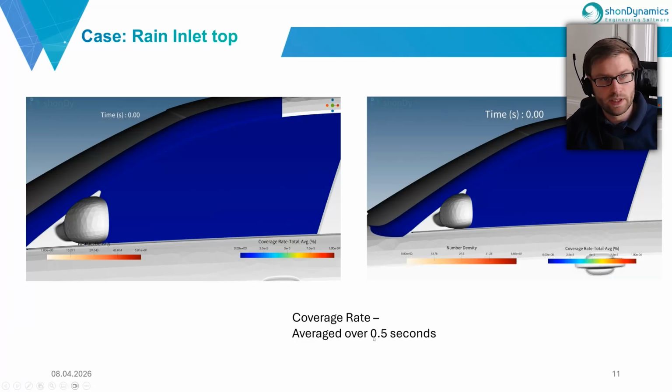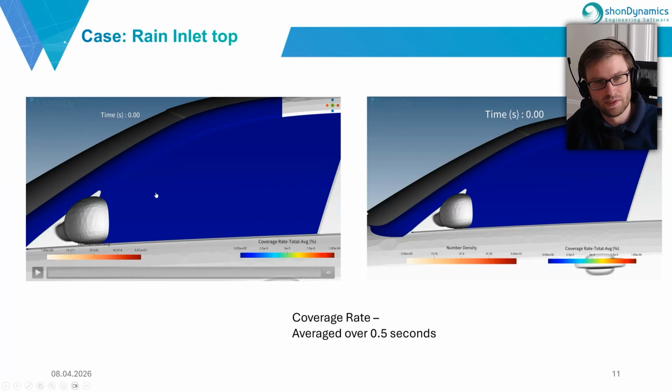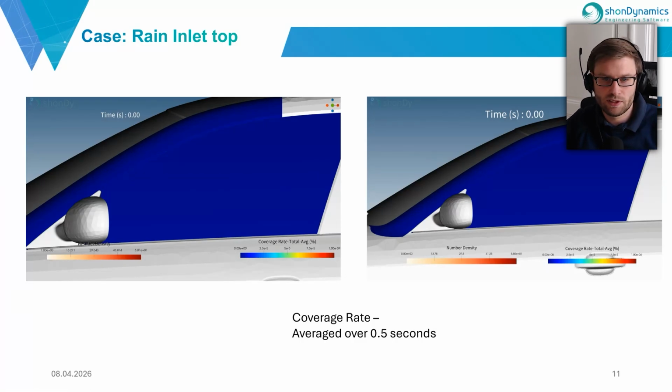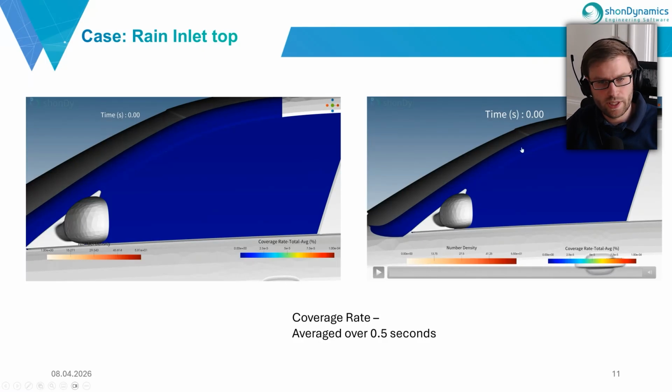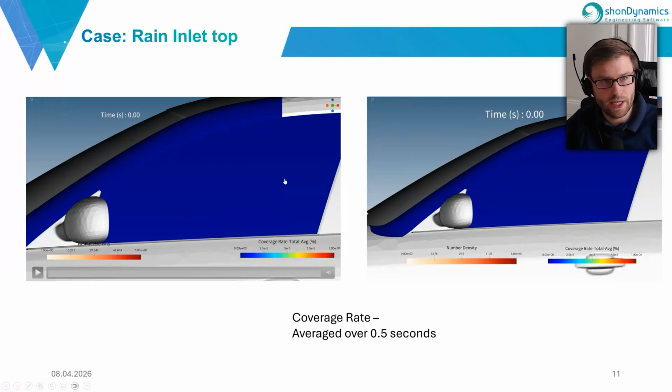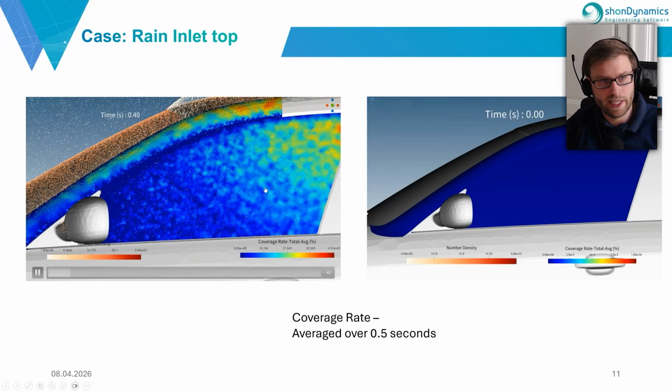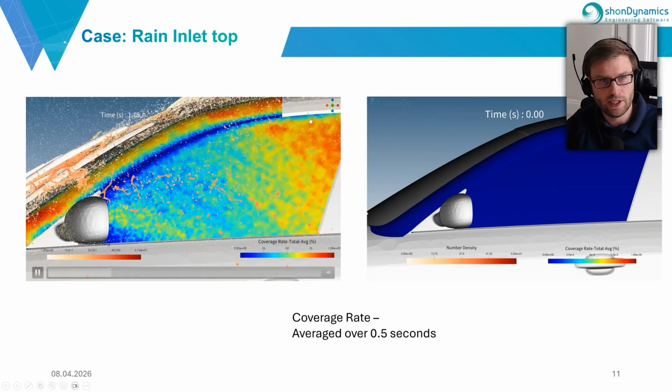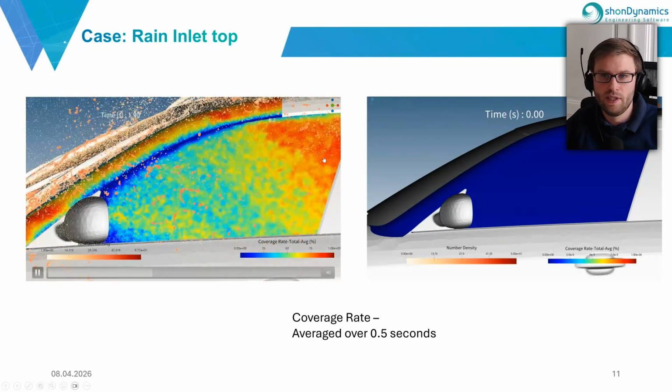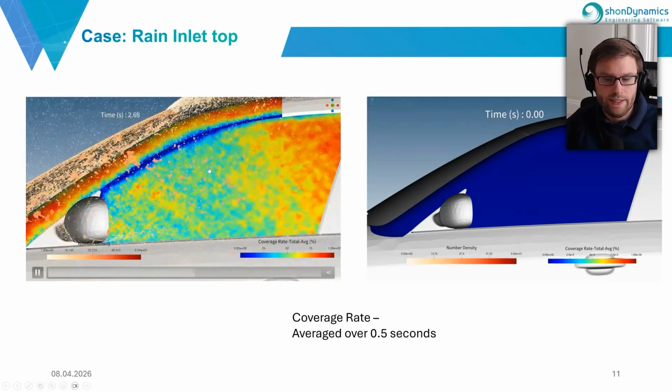If we look at moving results, or video results of it, and average over 0.5 seconds, we also see different behavior in the 10 meters per second case on the left side and the 25 meters per second case on the right side.